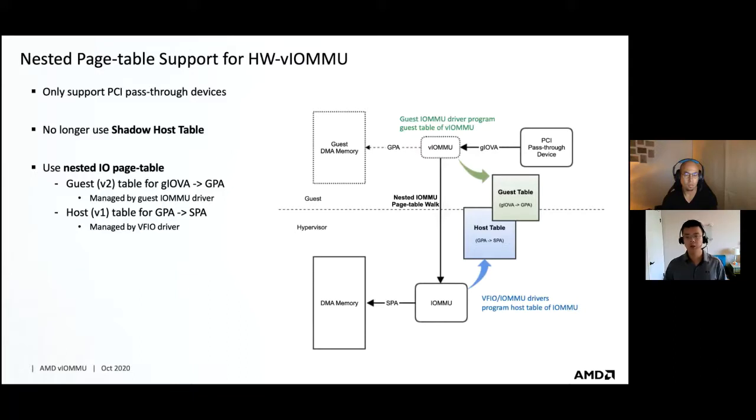And the host IOMMU will use a host table that does a translation from GPA to SPA. So you can imagine that this nested IO page table is very similar to the CPU side of nested paging. We expect this will be able to solve some of the performance hit we mentioned in the previous slides.